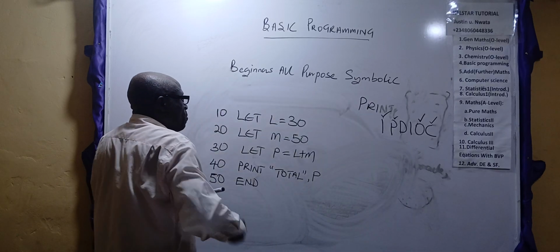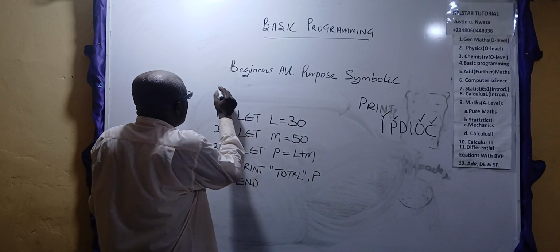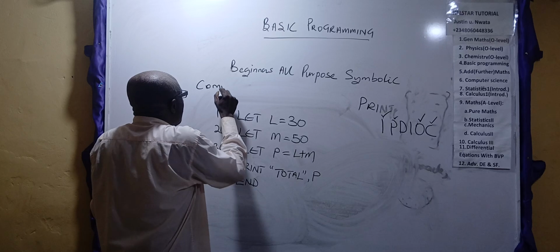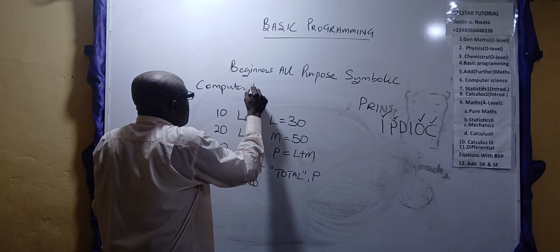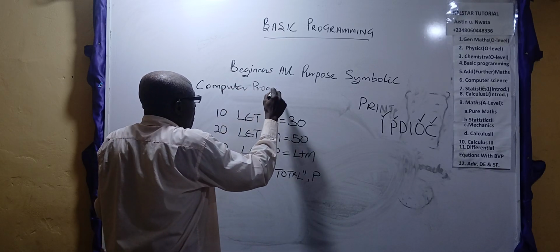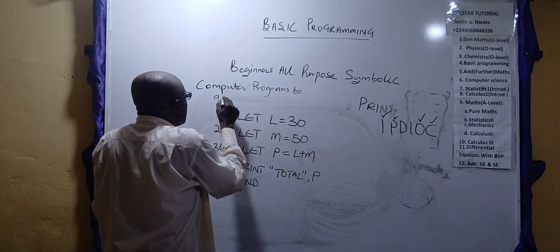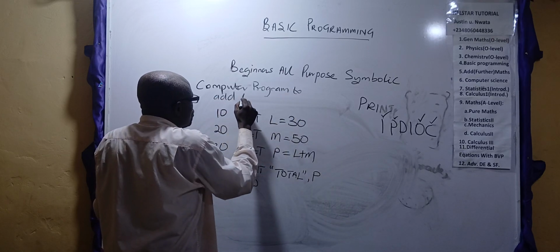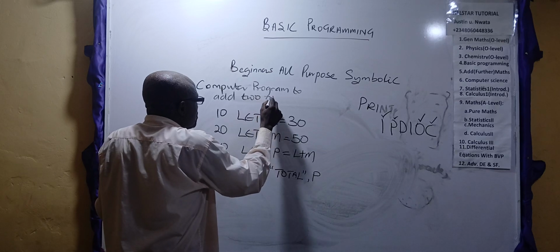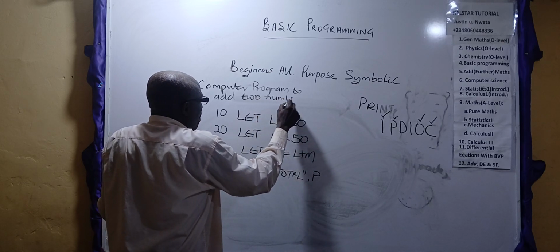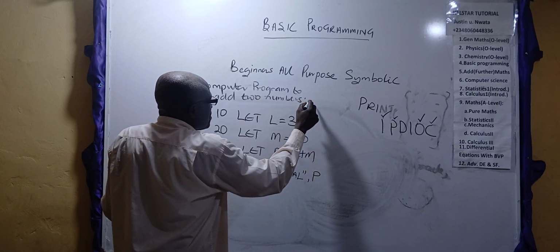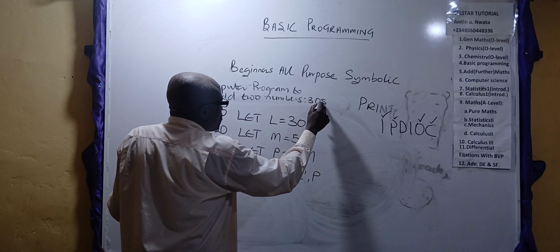Computer program to add two numbers. The numbers are what? 30 and what? 50.